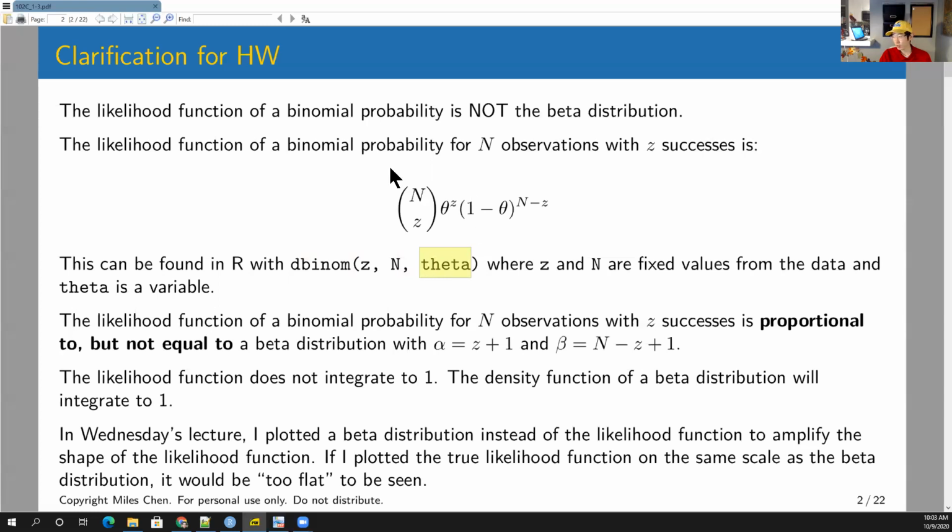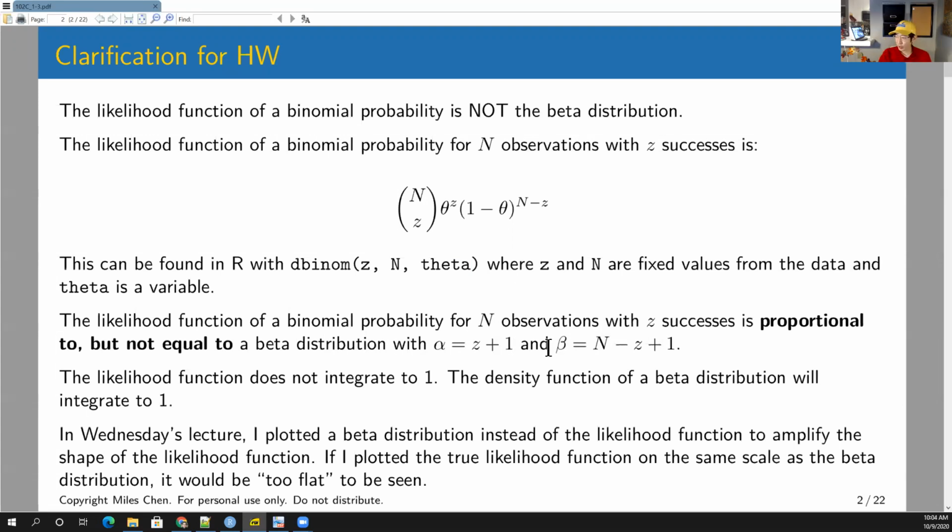Make sure you keep theta on the domain from 0 to 1. The likelihood function of a binomial probability for n observations with z successes is proportional to, but not equal to, a beta PDF with alpha equal to z plus 1 and beta equal to n minus z plus 1.